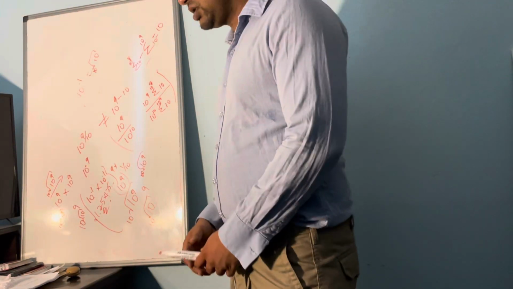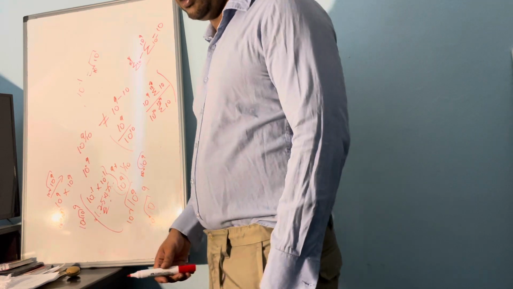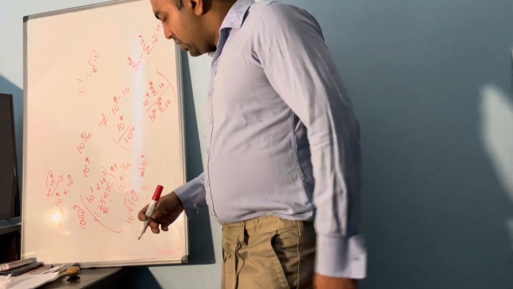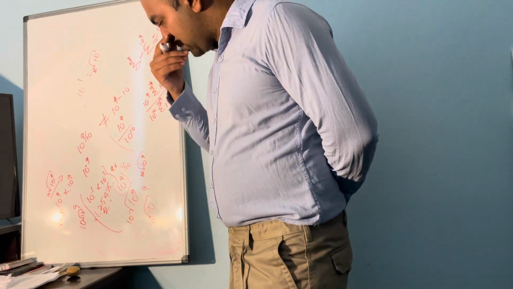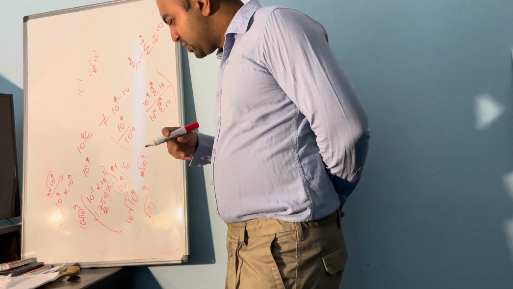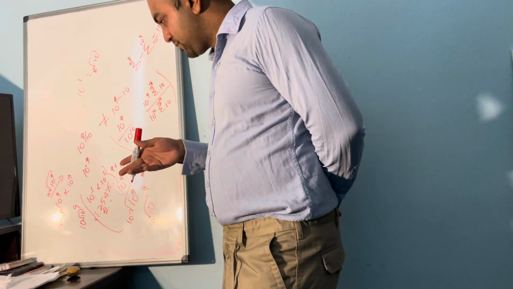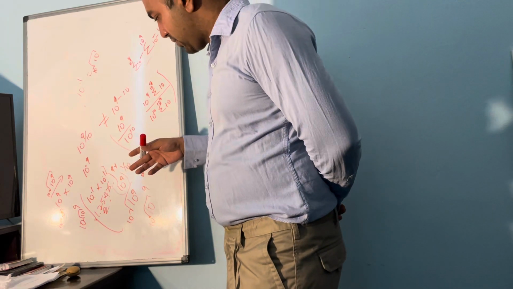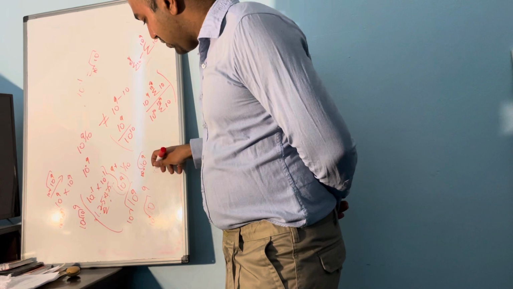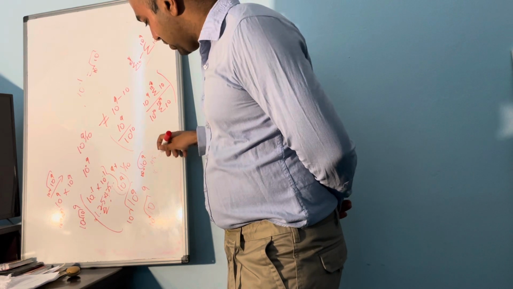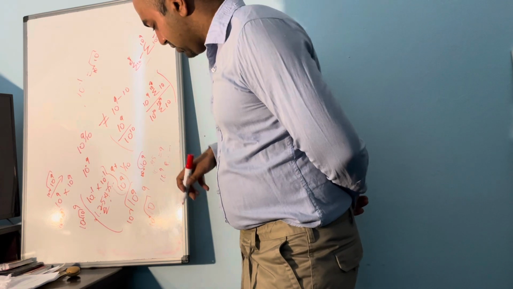if I want to describe it in a different way, we can take the 10th root. So 10 to the power of 9 is, we know that 10 to the power of 0.95 is equal to 9. So 10 to the power of 9 is equal to 8 point something, right?